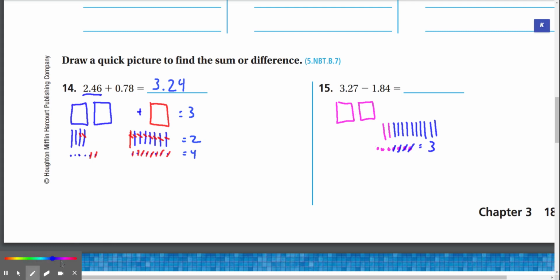So we have 1, 2, 3, 4, 5, 6, 7, 8, and we're left with 4 sticks. And now we're going to subtract by 1. That's pretty easy. Subtract by 1 and we're left with 1. So our answer is 1.43.